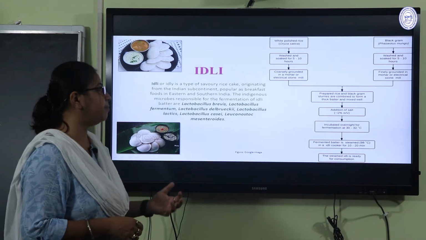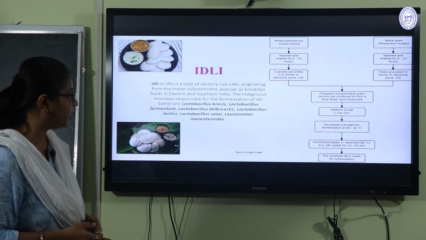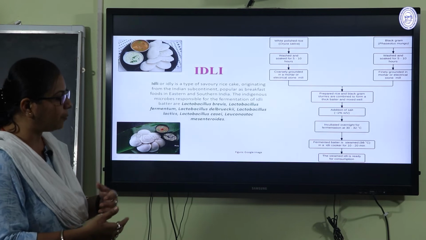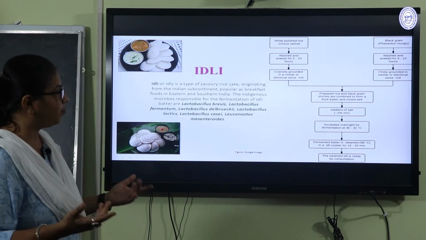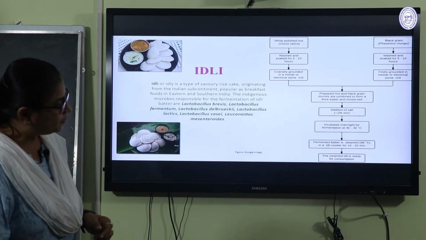Then the fermented batter is steamed at 98 degrees centigrade in an idli cooker for 10 to 20 minutes, and now the idli is ready for consumption. We can have this idli with sambar, with coconut chutney, and pleasant sauces, whatever one likes to eat it with.